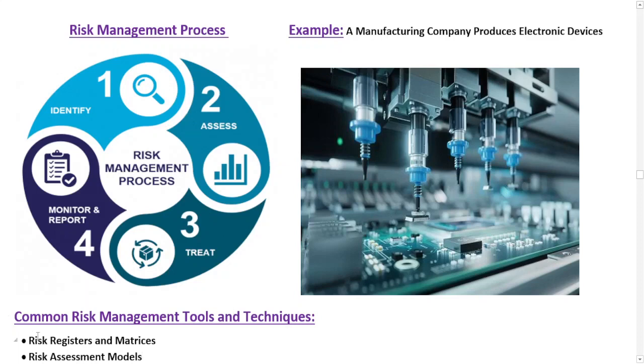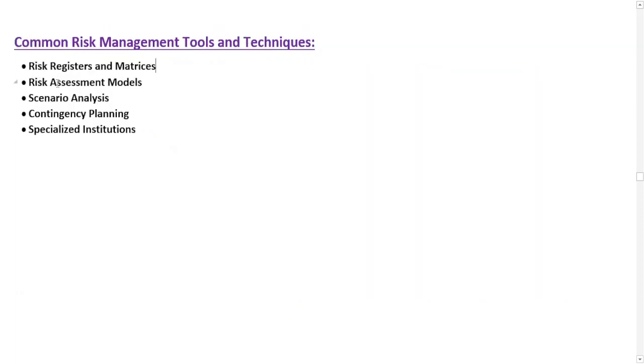Now let's discuss some common risk management tools and techniques. At number one we have risk registers and matrices. Basically, risk registers and matrices are used to organize and document identified risk. Then we have risk assessment models, which are used to quantify and prioritize risk. The third is scenario analysis.